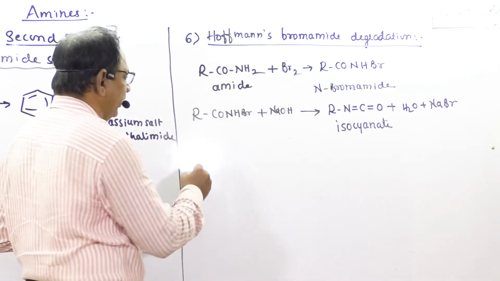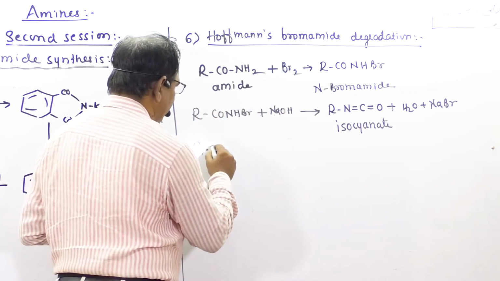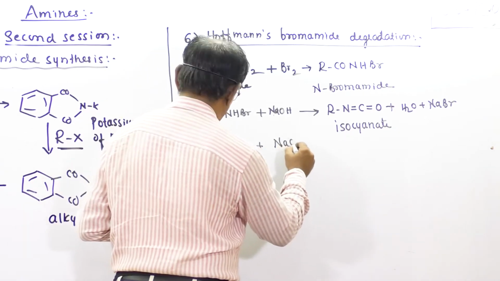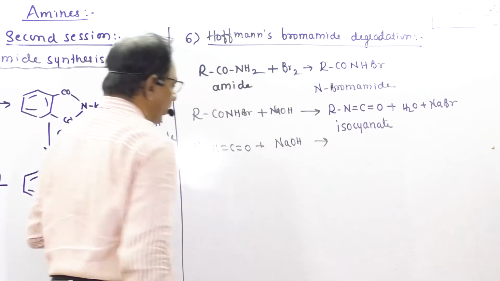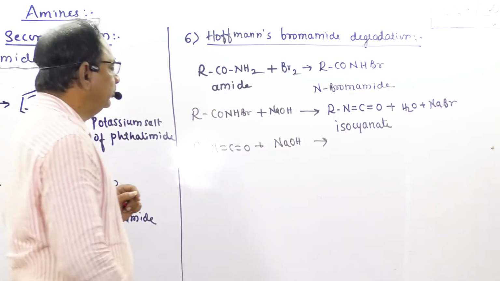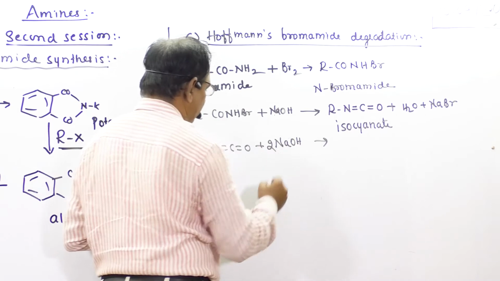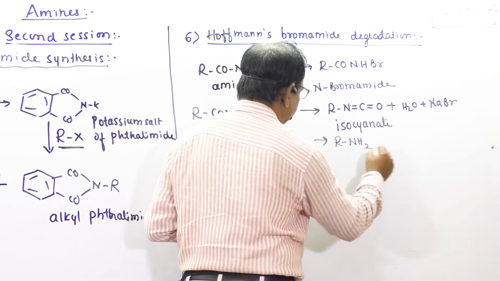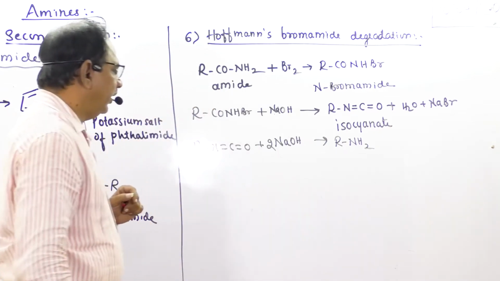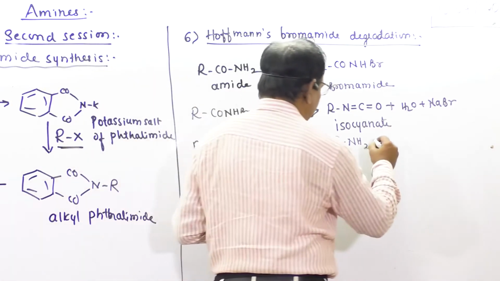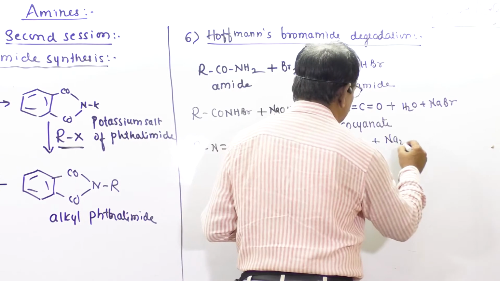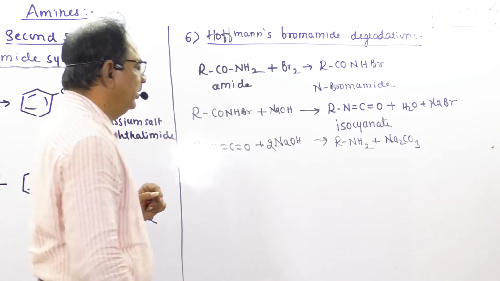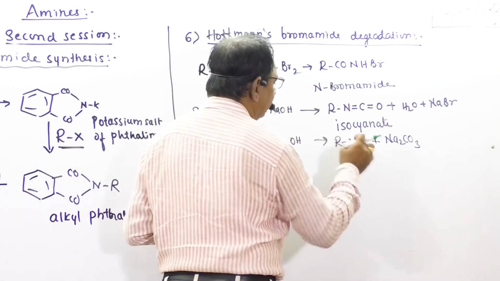This isocyanate is treated with another molecule of NaOH. Here two molecules of NaOH are used to form RNH2 plus Na2CO3. So this is again the primary amine.